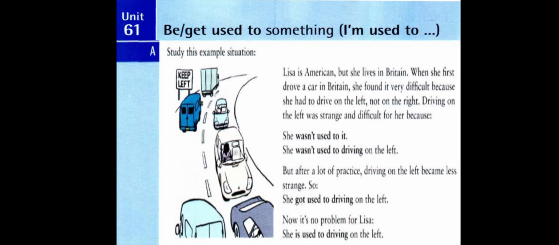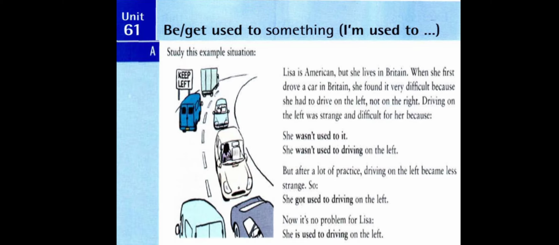Driving on the left was strange and difficult for her. Why was it difficult for her to drive on the left? Because she wasn't used to driving on the left.